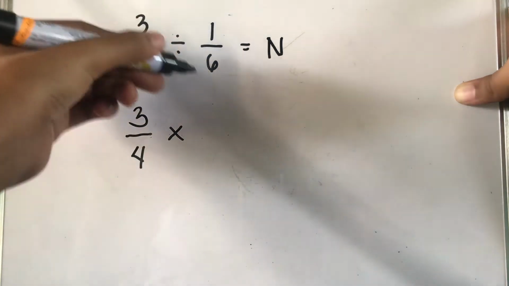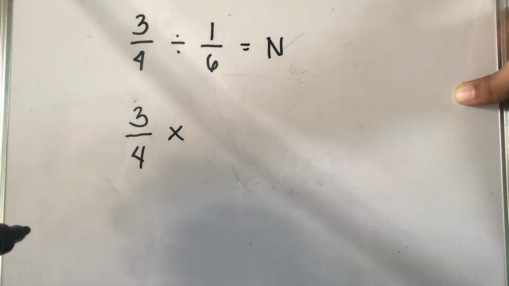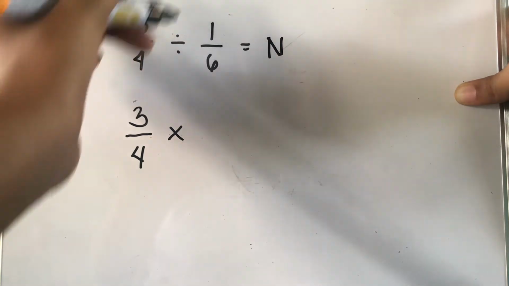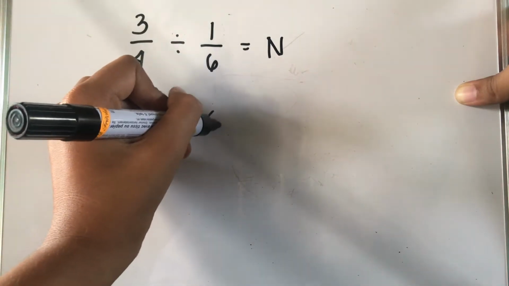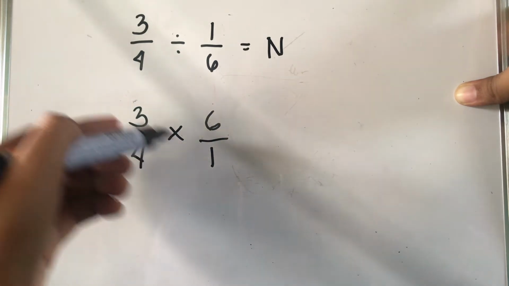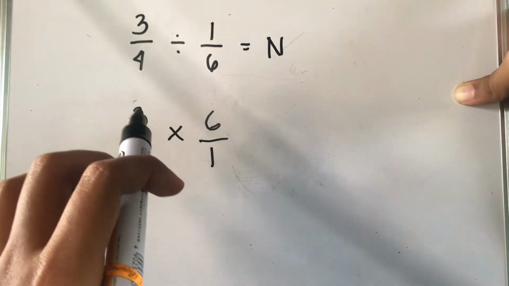And then for the divisor, we will find its reciprocal. The reciprocal of 1/6 is 6/1.